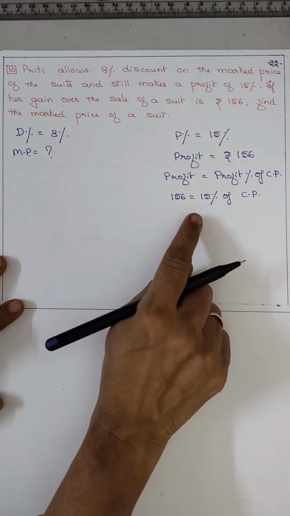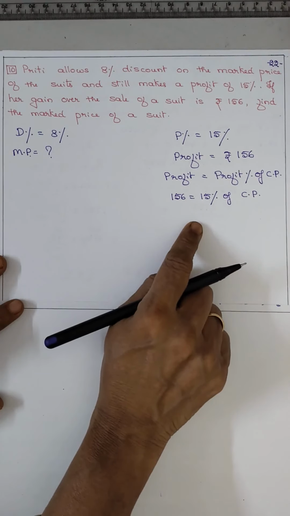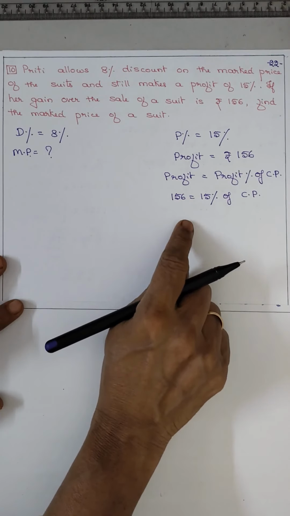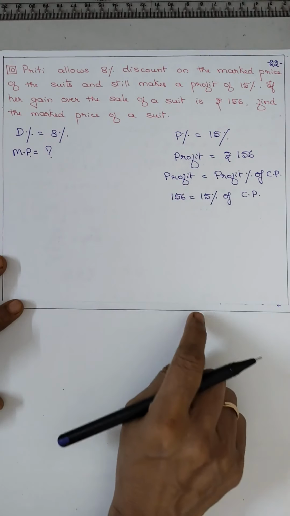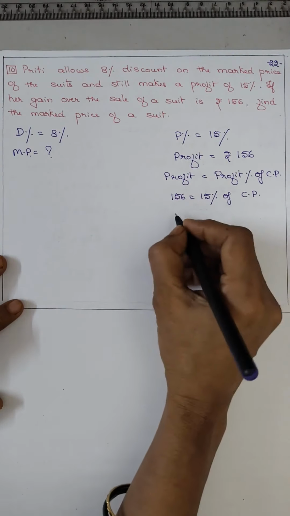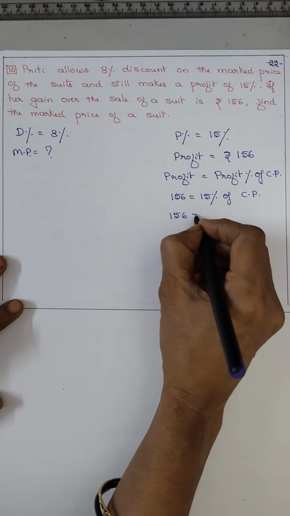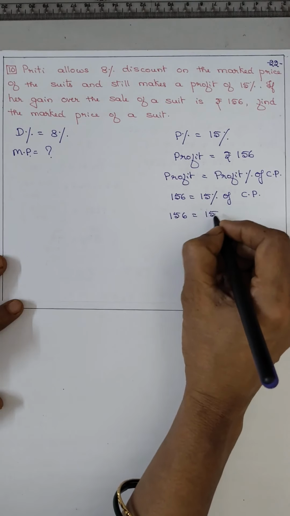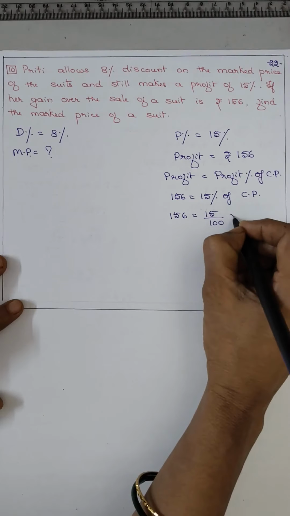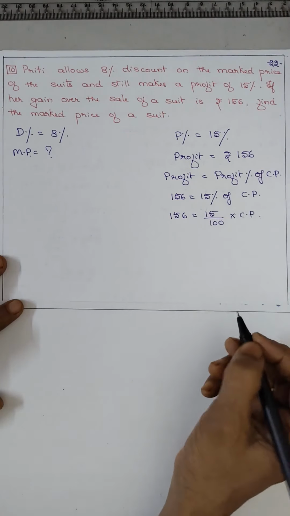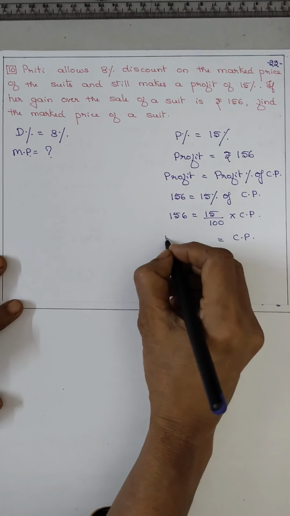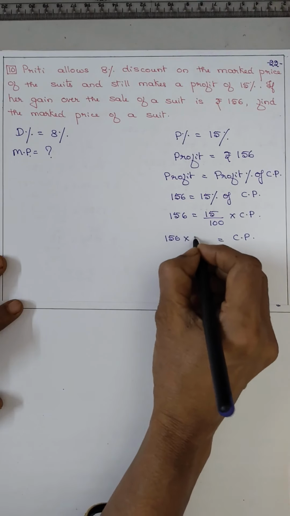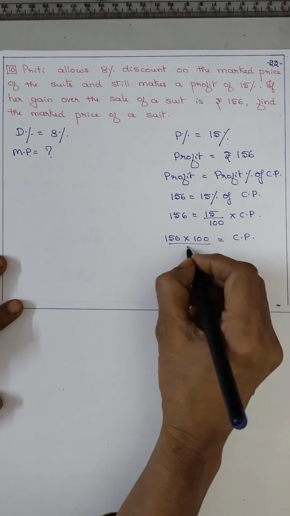See, directly we can't find out the SP here. So first you have to find out the CP. Why? Because profit percent and profit are given. Now 156 is equal to 15 upon 100 into CP. So CP is equal to 156 into 100 upon 15.